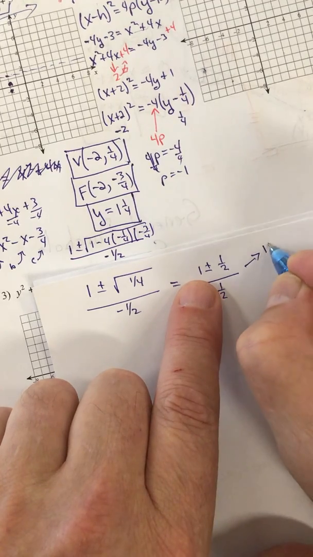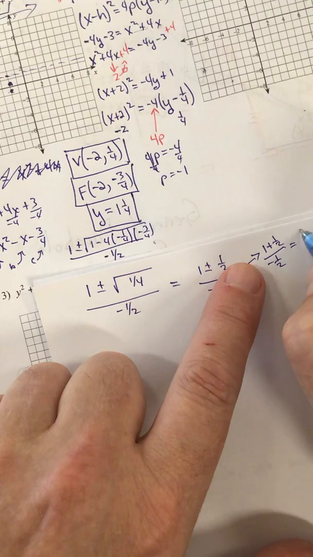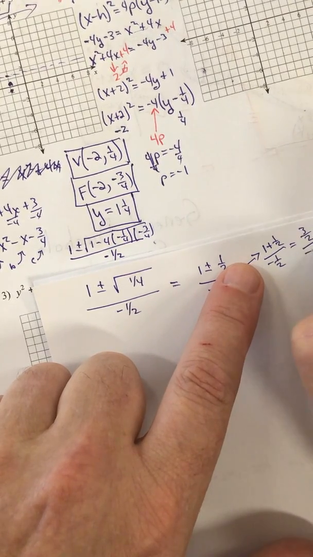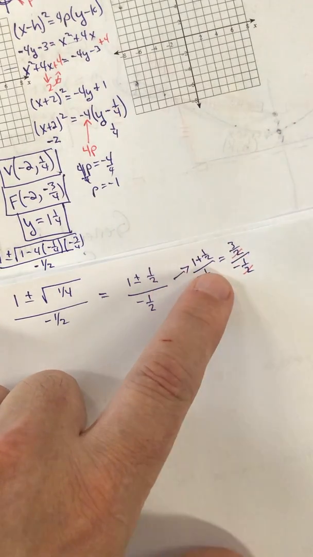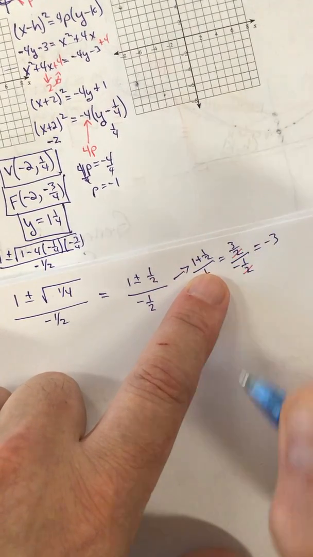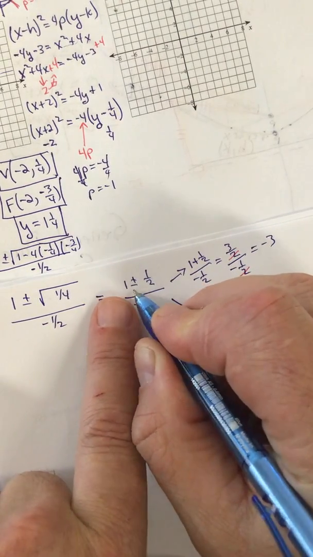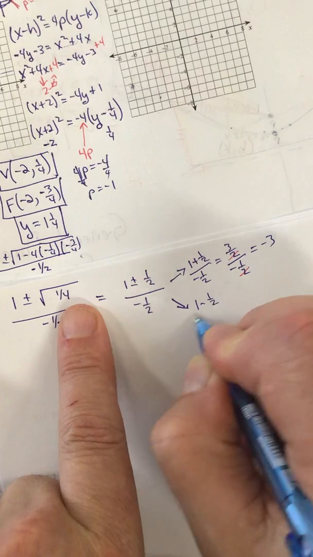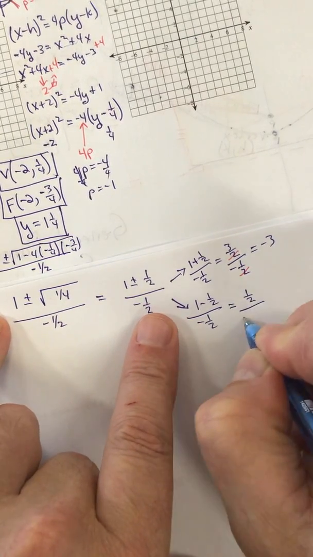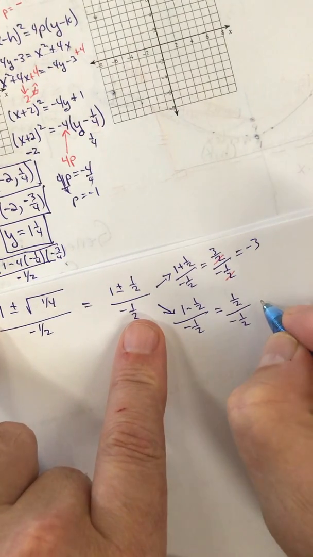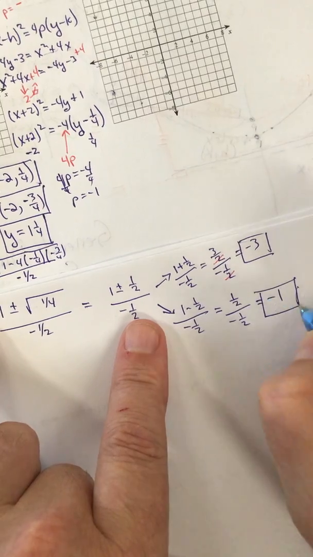Okay, this is 1 plus 1/2 divided by negative 1/2. So that's 3/2 over negative 1/2. The denominators are gone, so it's 3 over 1, so negative 3. This one, 1 minus 1/2 over negative 1/2. Okay, 1 minus 1/2 is 1/2. And 1/2 divided by negative 1/2 is negative 1. So the zeros are at -3, -1.